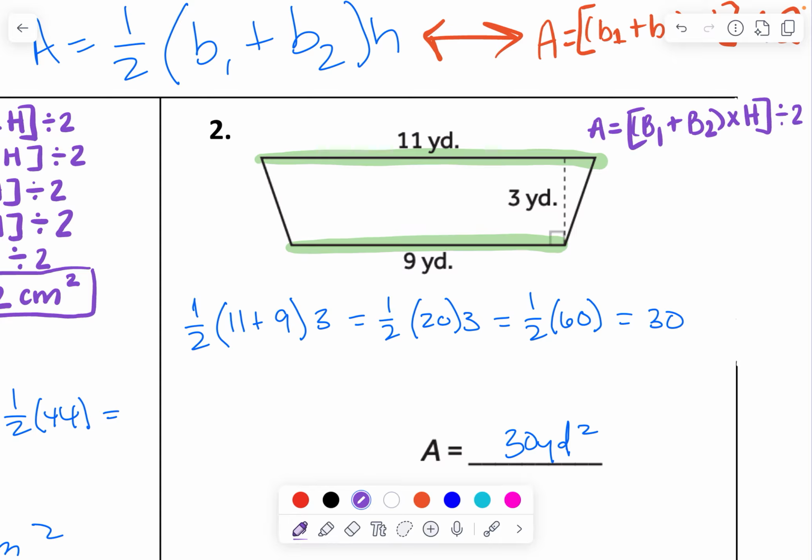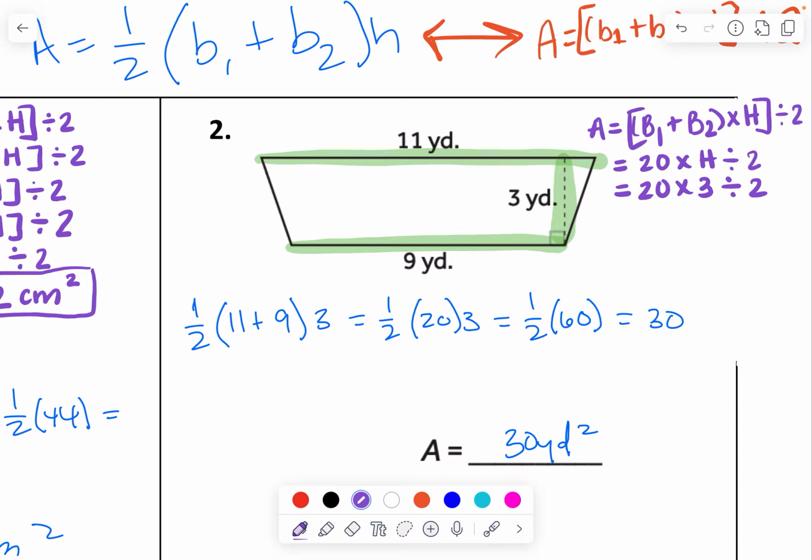So let's go ahead and get back to work. So we have 20 times our height divided by 2. So what is our height? Take a second. Our height is 3. So 20 times 3 divided by 2.